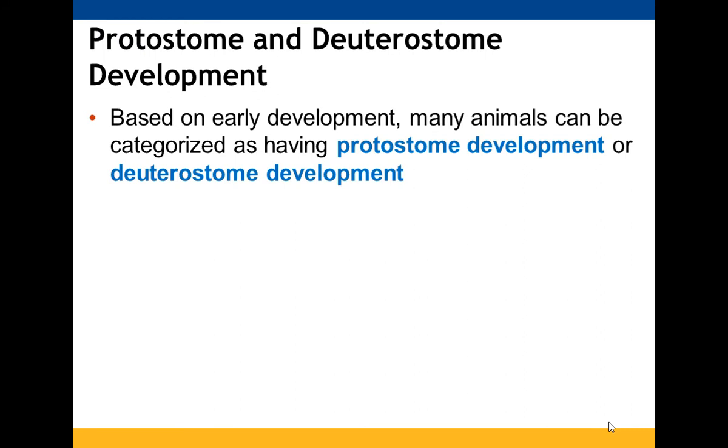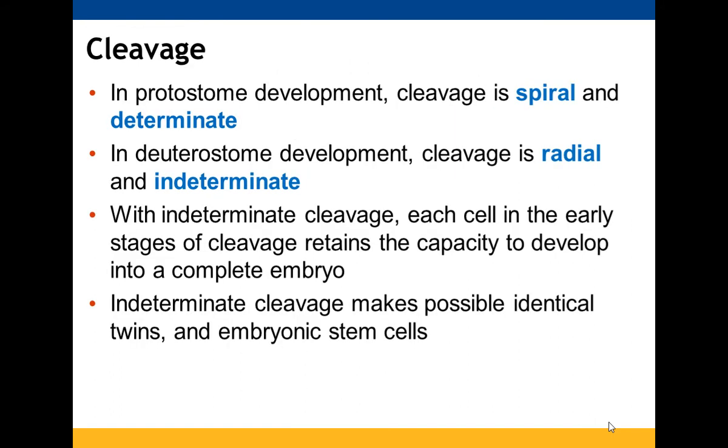Protostome and deuterostome development. This is another way we can characterize animals based on these two features. When you are going through protostome development, your cleavage is spiral and determinate. When you're going through deuterostome development, your cleavage is radial and indeterminate. So when you go through indeterminate cleavage, every cell at the beginning can still have the possibility of developing into its own embryo.